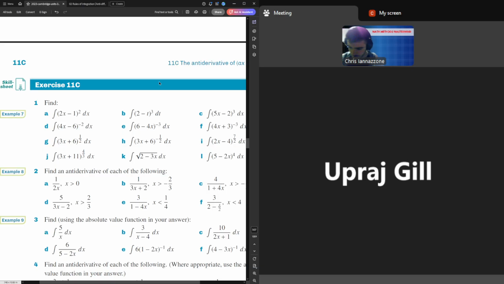Is it 2x minus 1 to the power of 3, all over 4? Probably not, just by looking at it, because this is going to raise up by 1, and then this 2 is going to come down in there as well.